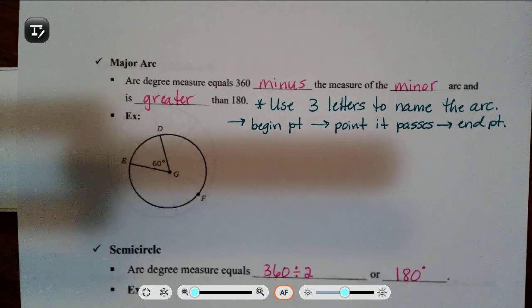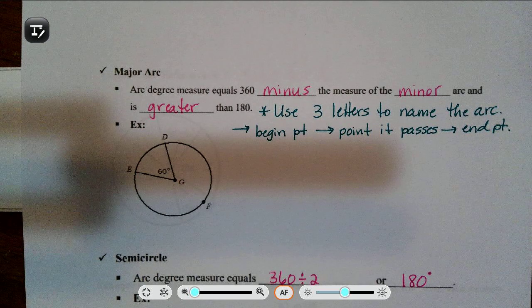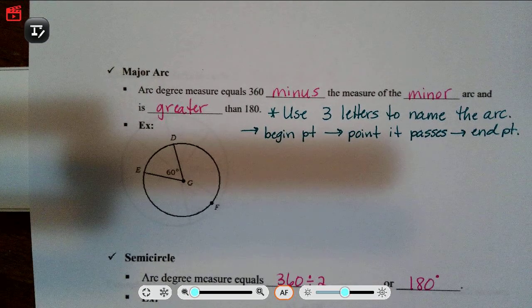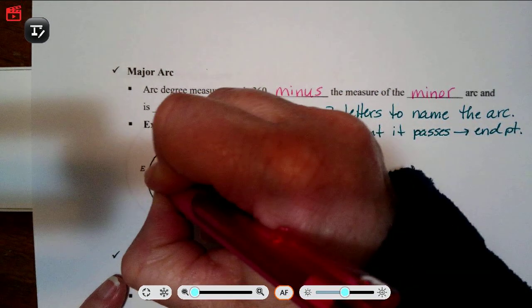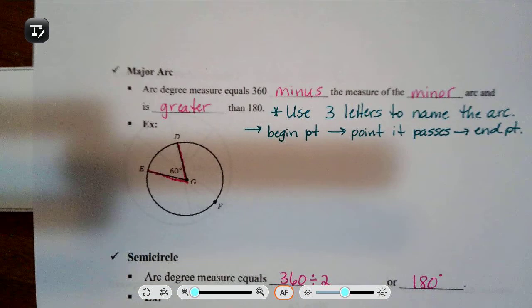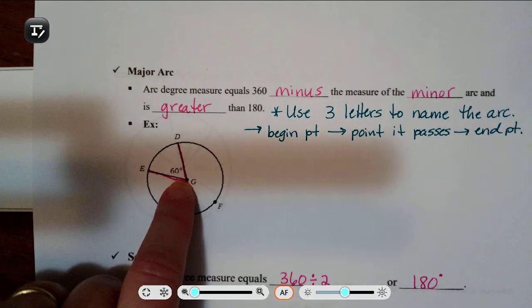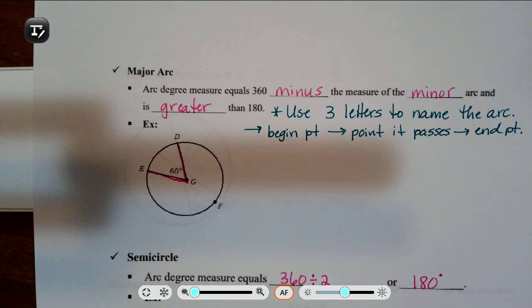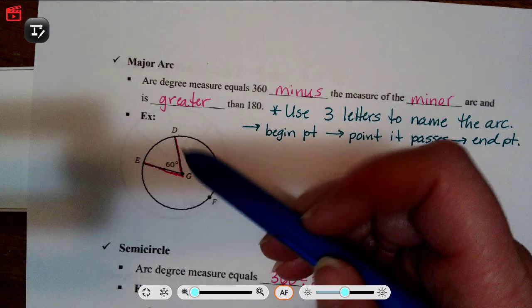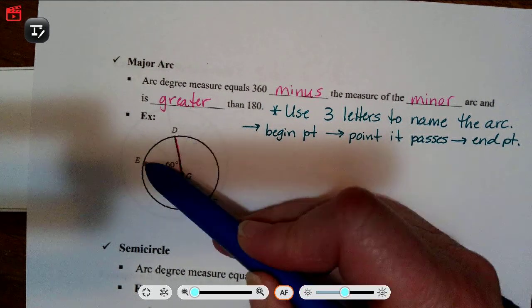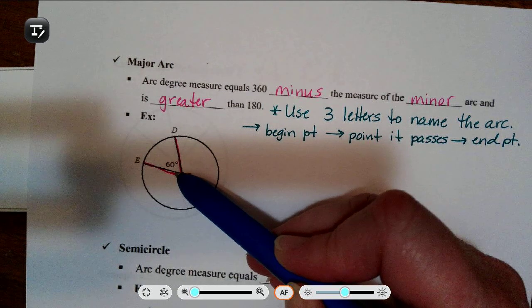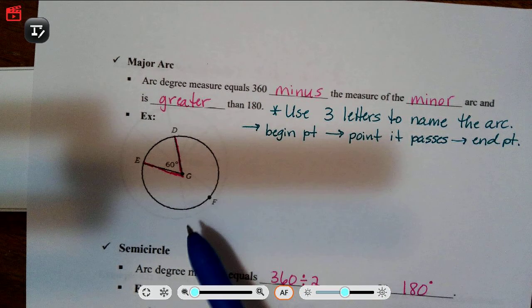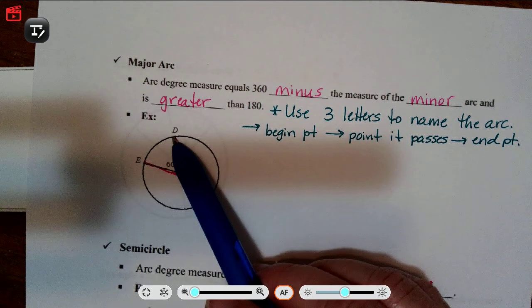If we look at something like this, again focusing on that central angle, we have this angle here, coming in like this, and we're told that this is 60 degrees. Now, this little wedge would be our minor arc because it's small, it is less than 180. So therefore, this one here has to be our minor arc.